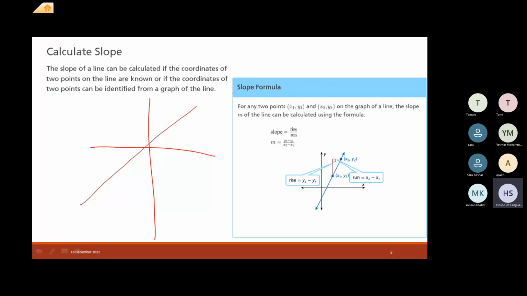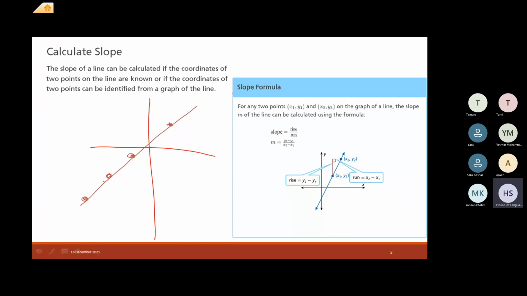To find the slope, I need 2 points on the line. This one and this one. Or maybe this one and this one. Maybe this point and this point. I can use any of them to find the slope. But I need 2 points only.